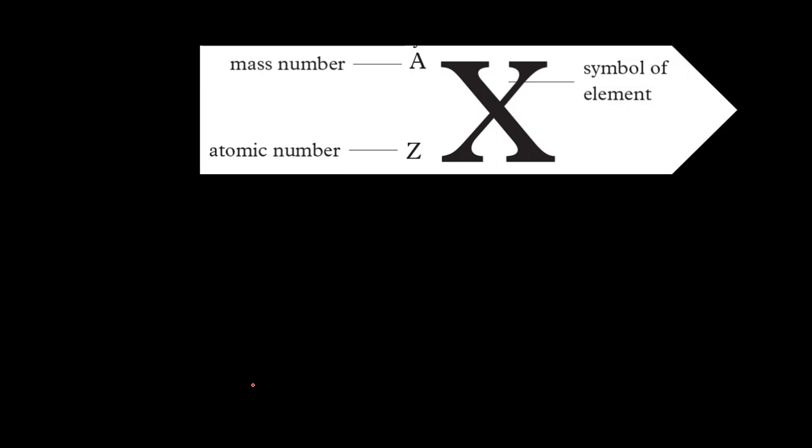So another way of representing an atom is through this symbolic representation. Usually in chemistry, we try to shorten our work by using a short form of this kind, where X is the symbol of the element, A is the mass number, and Z is the atomic number. Let's have a look at sodium and see how we can represent sodium in this format.